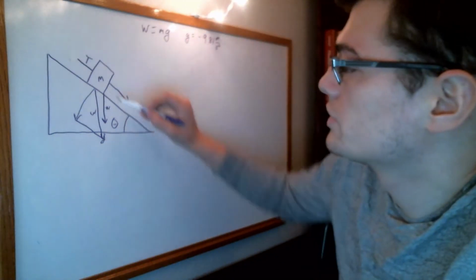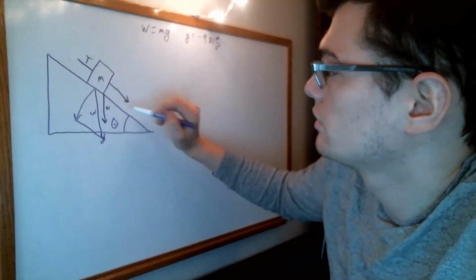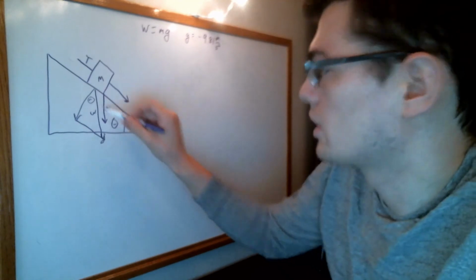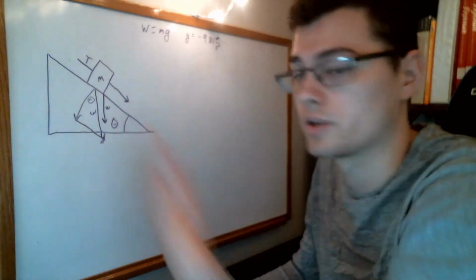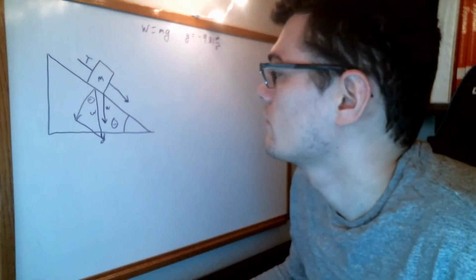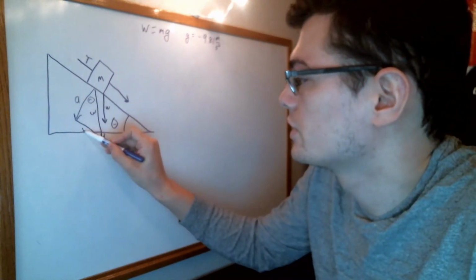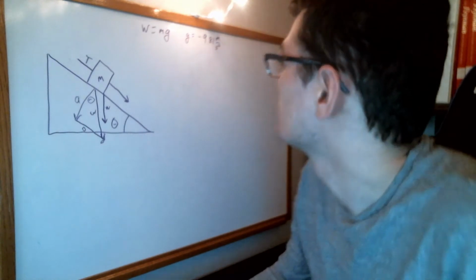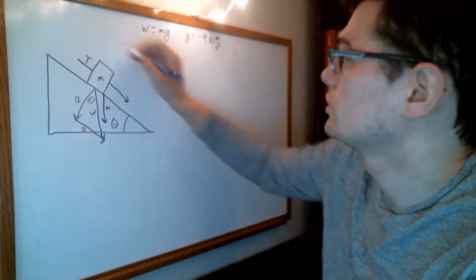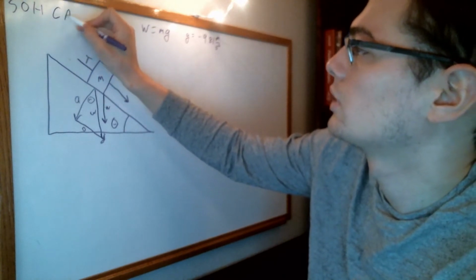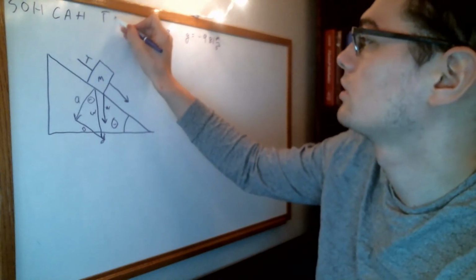So now this is going to be the same as a triangle here, and that's going to be the same angle theta as here, because these are similar triangles. And so we can start breaking this down. This is going to be our A, this is going to be our O. So then we can use our trigonometric functions, and I'm writing them up here at the top.